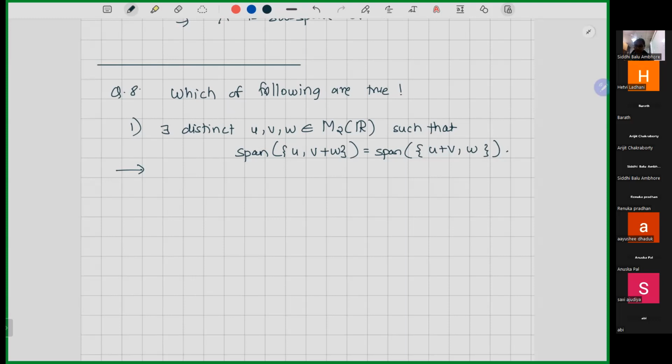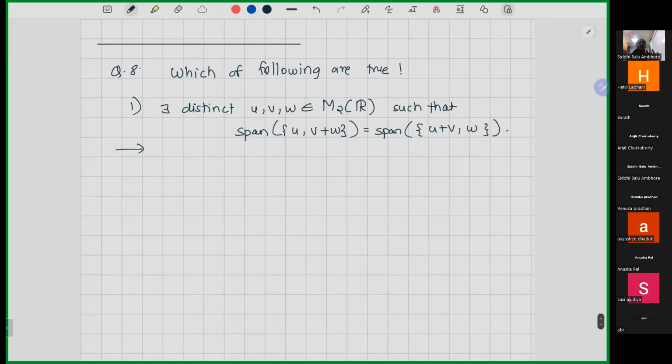Okay, so let me give the examples. We just want three elements such that the spans of these two sets must be equal, right? So let us take, we will work smart now. Let me take this element and this element.